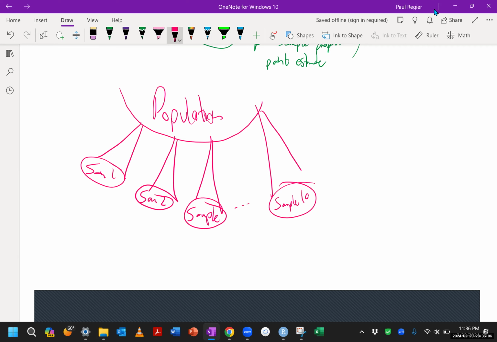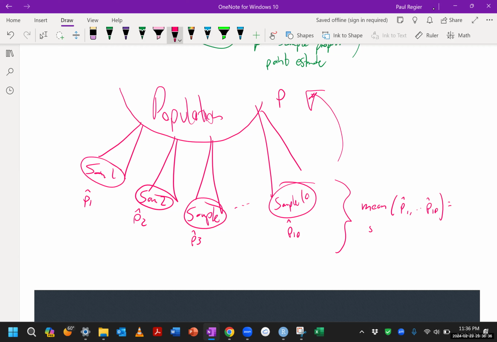From each of these samples, I can get some value, p hat 1, p hat 2, p hat 3, up to p hat 10. If I study these samples together, that gives me much more information about my population. In particular, I can take the mean of all my samples, 1 up to 10, and that gives me an even better estimate of my population proportion.